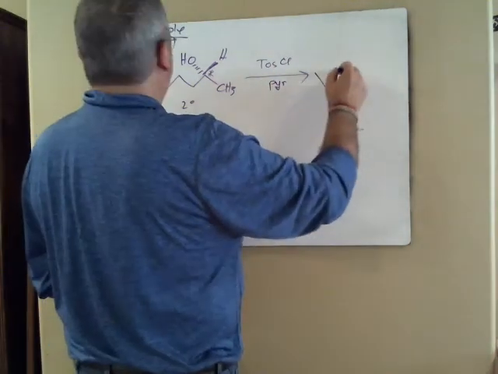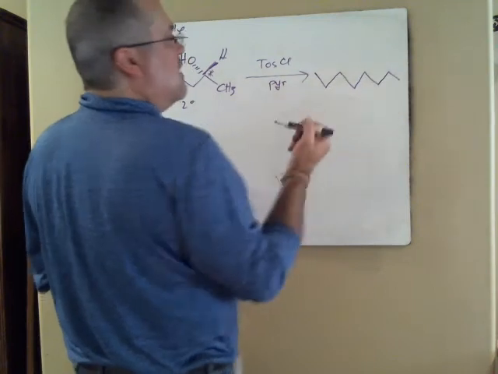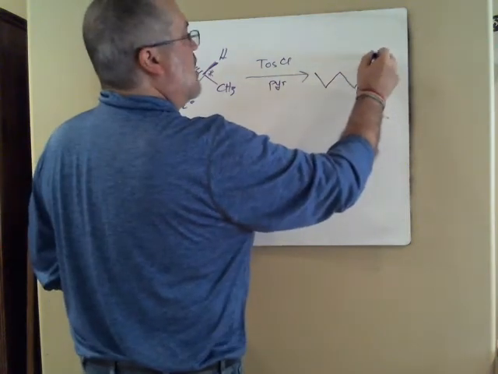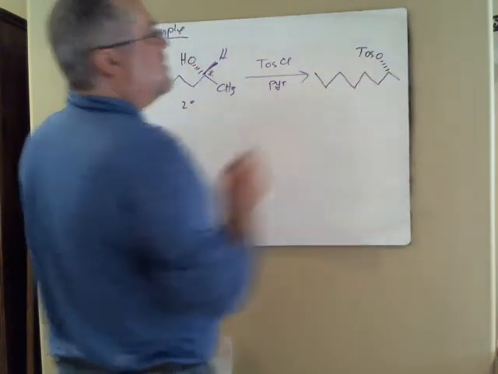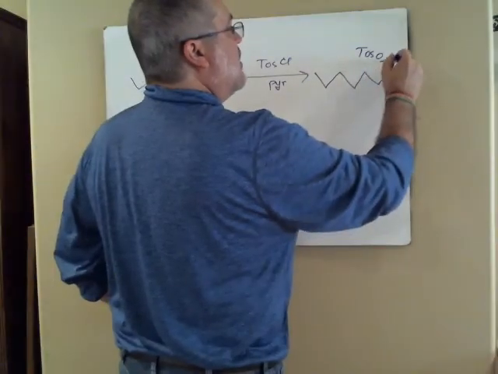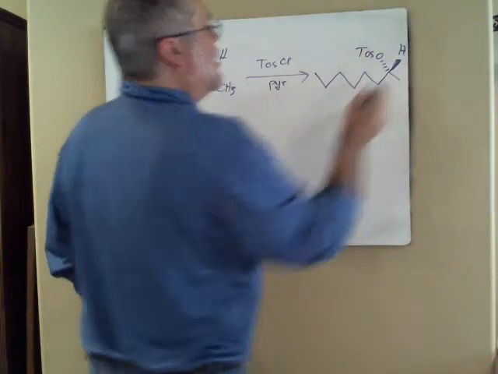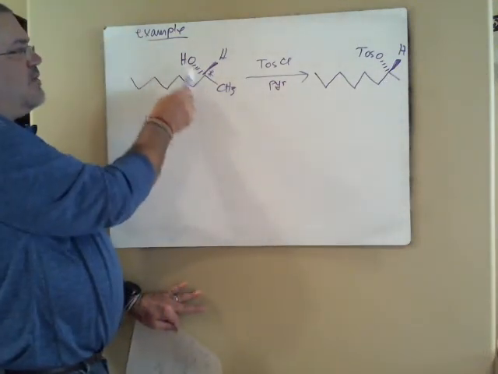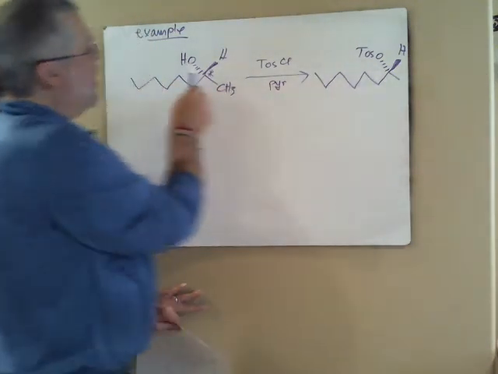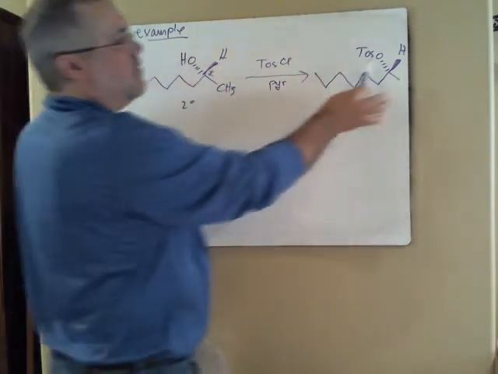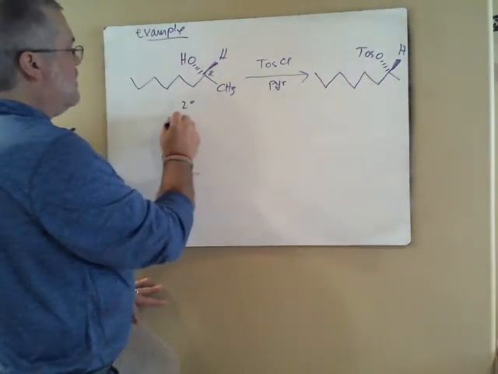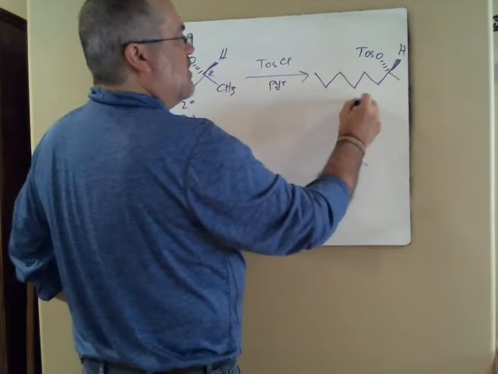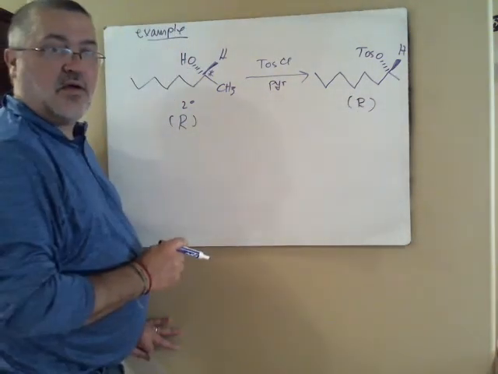And so I end up doing what? I put the tosyl group on the OH, but it's in the same stereochemistry because I never broke the C to O bond. I broke the O to H bond to put the tosyl on there. So if this started out as R, this is still R.